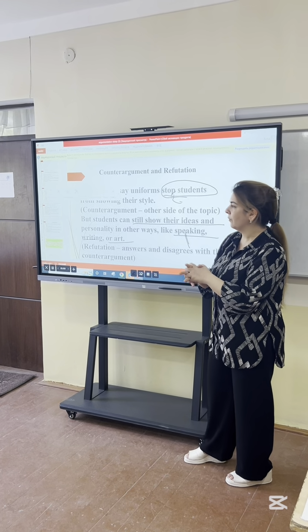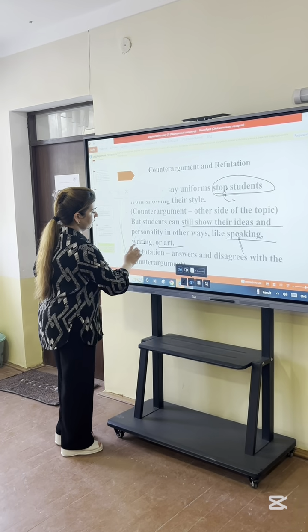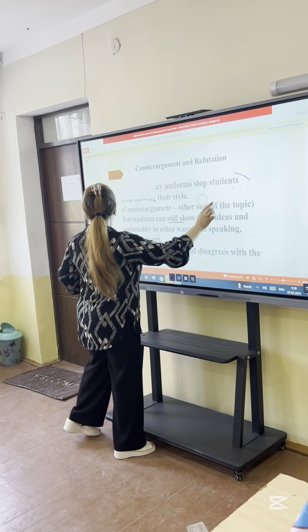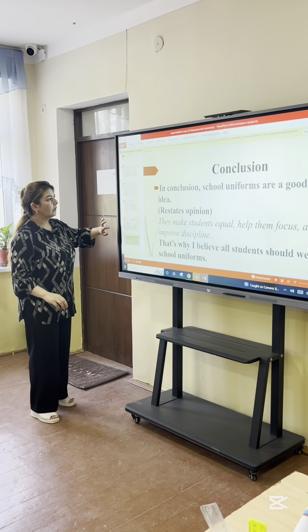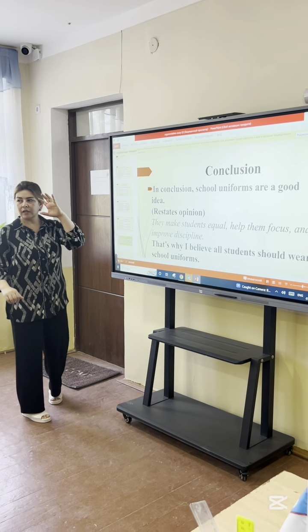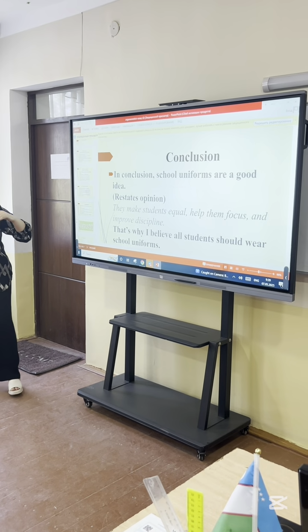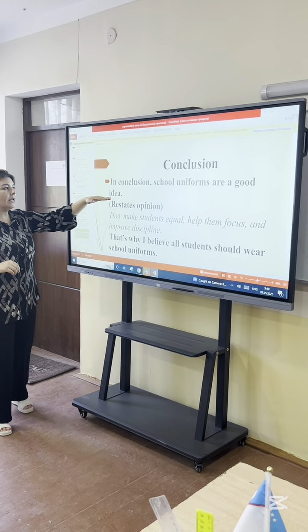Is it clear now? Okay. If it's clear, move to the next part. It's the conclusion part. After writing all the body paragraphs, you have to conclude that school uniforms are a good idea.